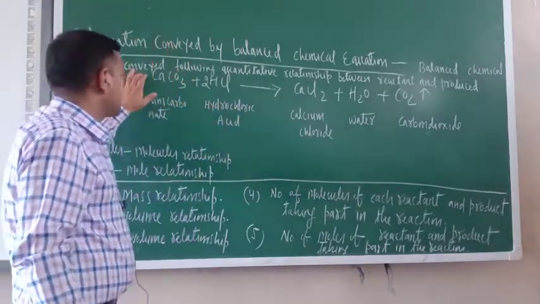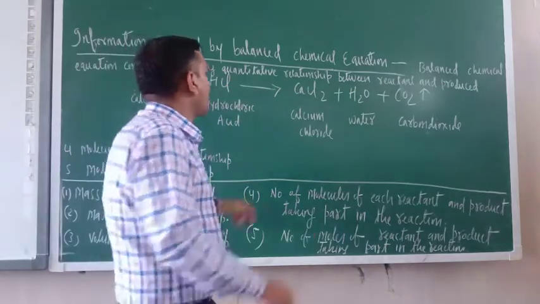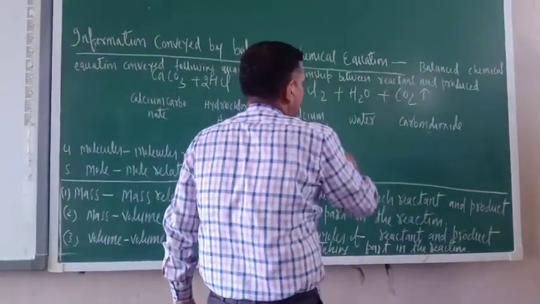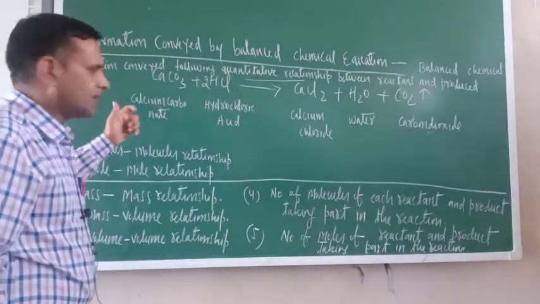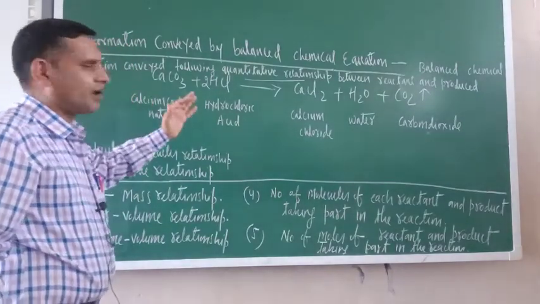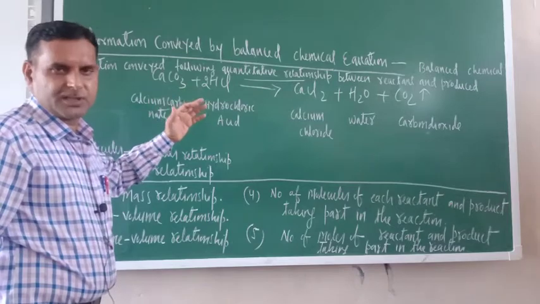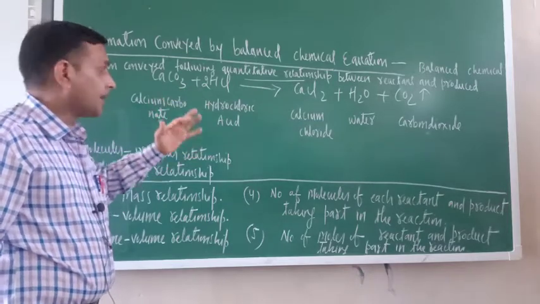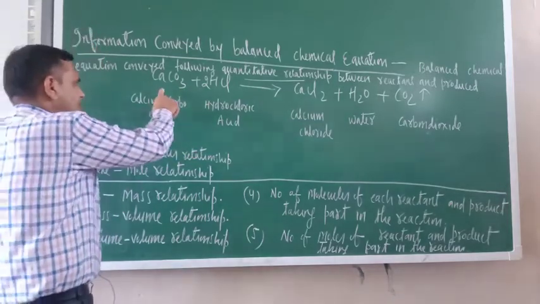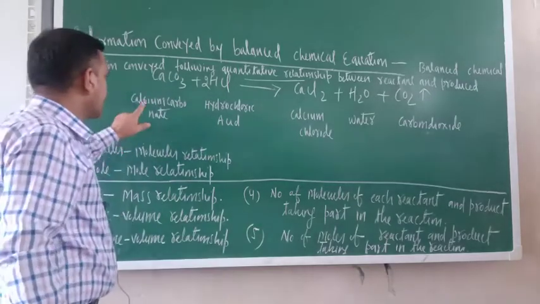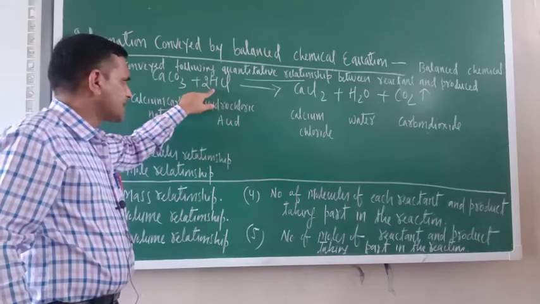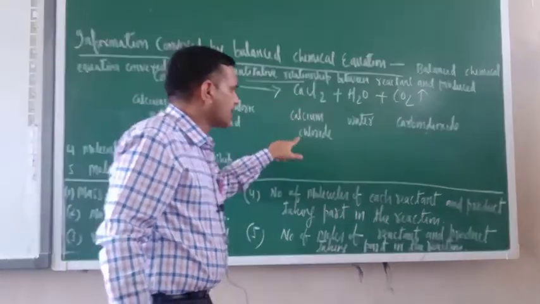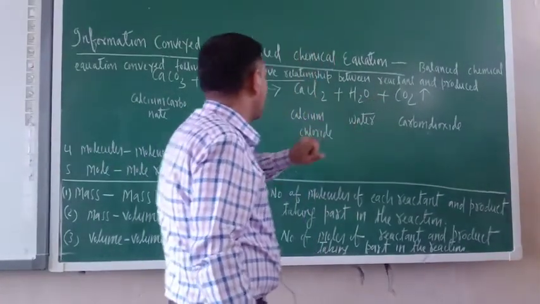A balanced chemical equation conveys the following quantitative relationship between reactant and product. See, this is one of the reactions: calcium carbonate reacting with hydrochloric acid and forming calcium chloride, water and carbon dioxide.